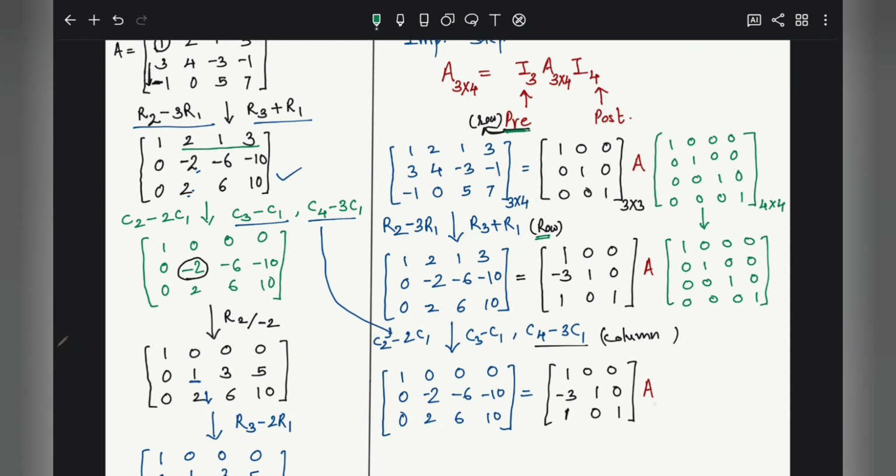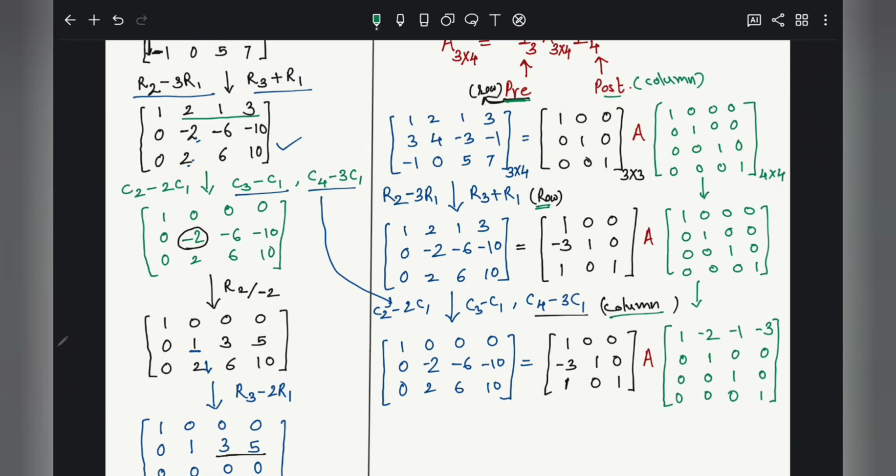We will copy even A as it is, and now the column operations are to be repeated on the post-multiplied identity matrix. So we will carry out all these operations on this particular matrix and write the result. The result here is, if you perform the column operations, this is what you get.